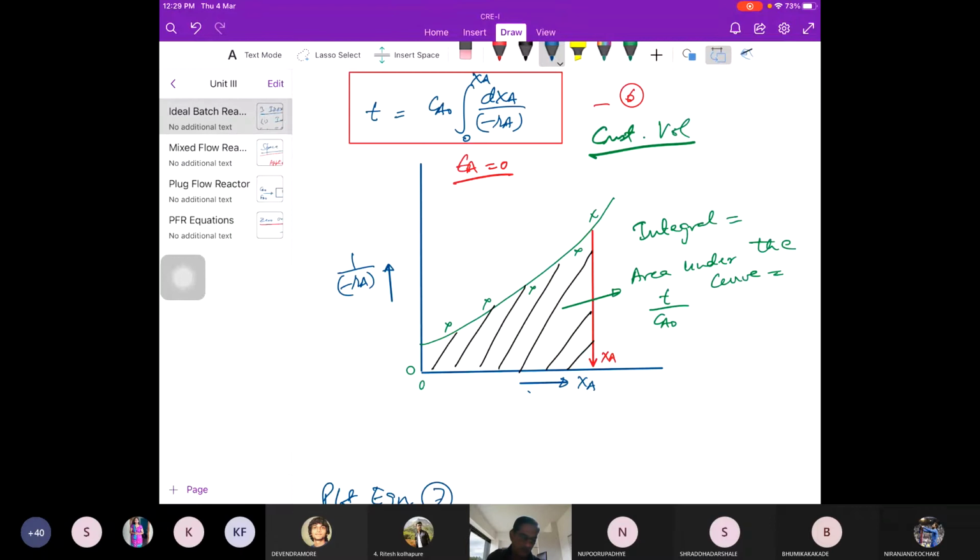Right? So if I look at this batch reactor, if I want a different value, suppose I want it at this point, okay, let me take it here. Suppose I want this value, then I have to take the area under the curve up to here only. If my value of xa changes, this is the area.